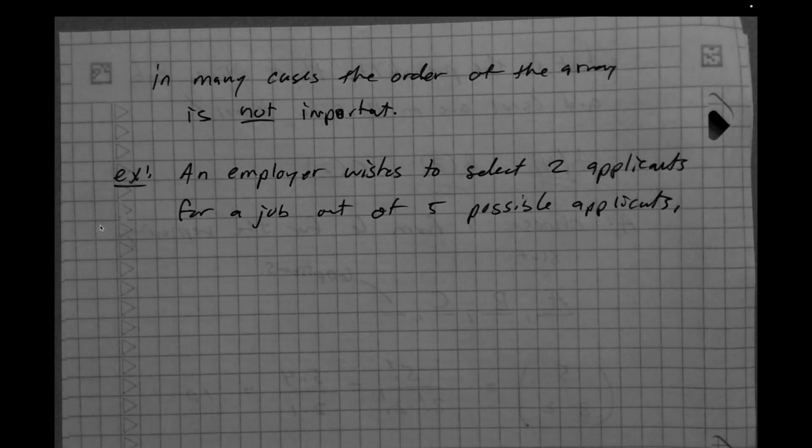It doesn't matter whether I pull the first one versus the second one. I pull 2, and those 2 get the same treatment afterwards. So in this example, it does not matter who is selected first and who is selected second.